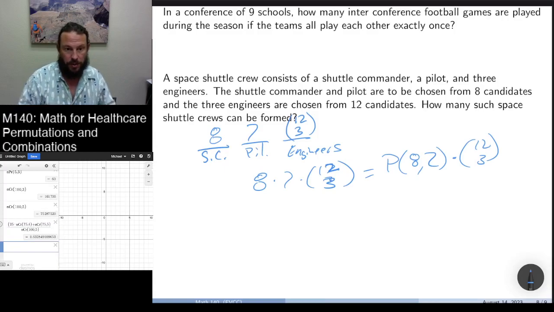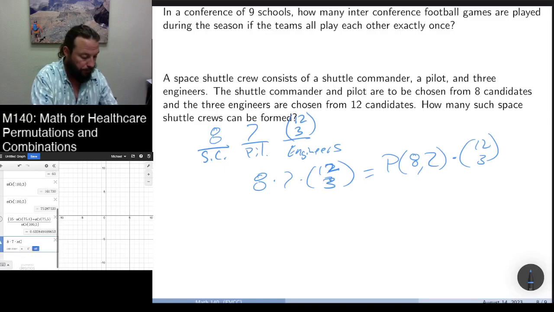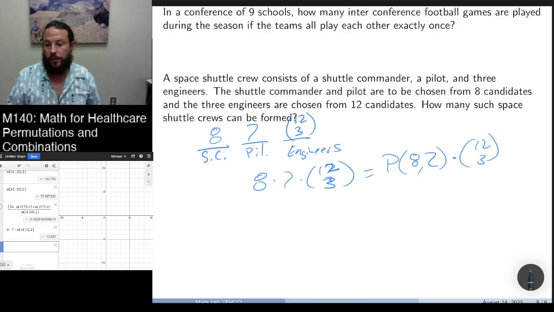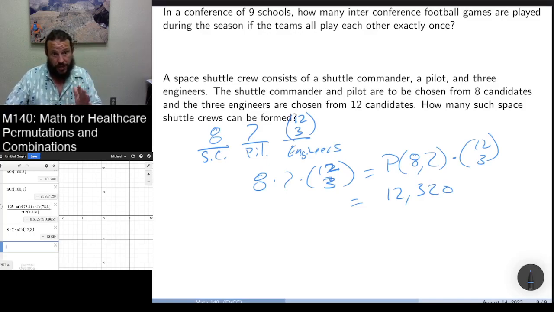And now I'll just put this in calculations. Okay, and so that comes out to be 12,320 different ways. And notice we paid attention, so this is asking for ways, not a probability.